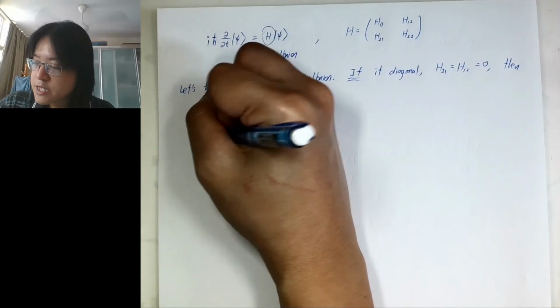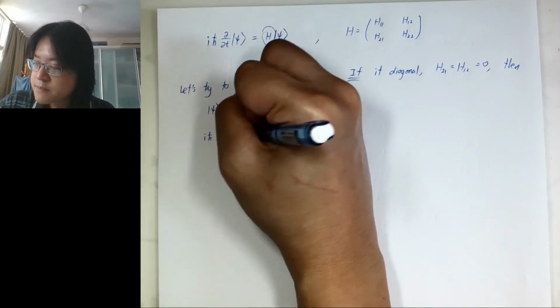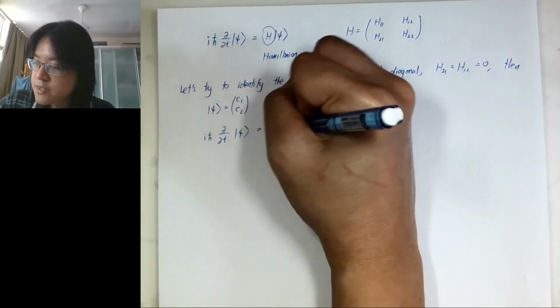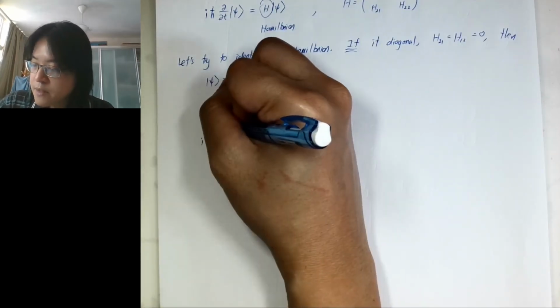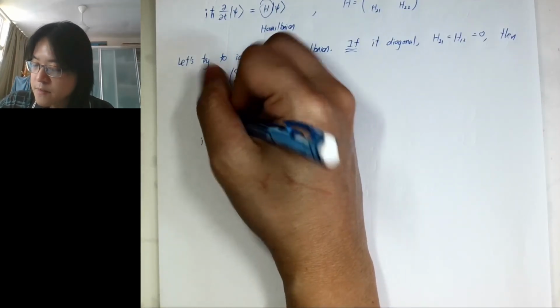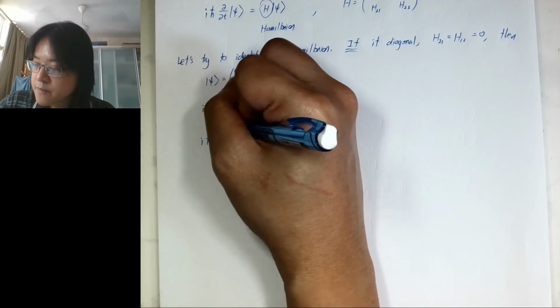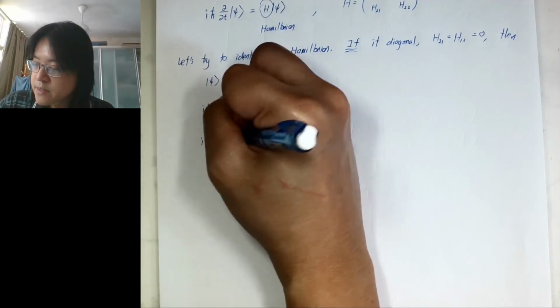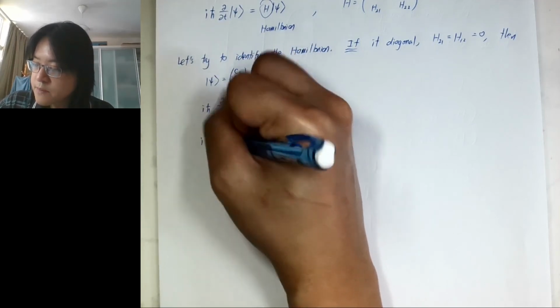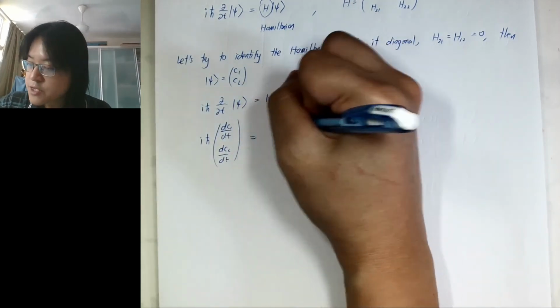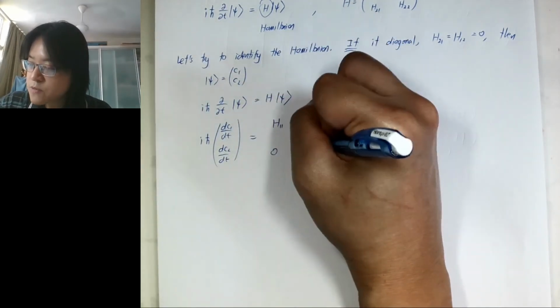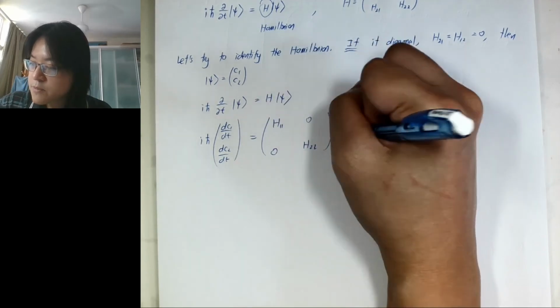So my i h bar d/dt psi equals H psi can be written in column vector form as dC1/dt, dC2/dt. And if this is diagonal, then I have H11, 0, 0, H22, times C1, C2.